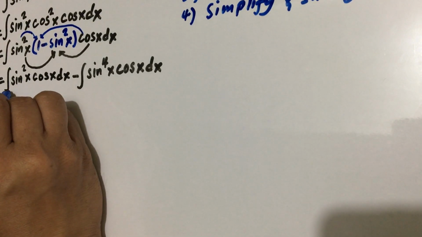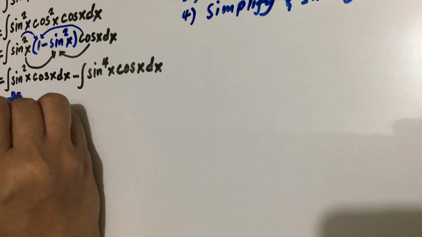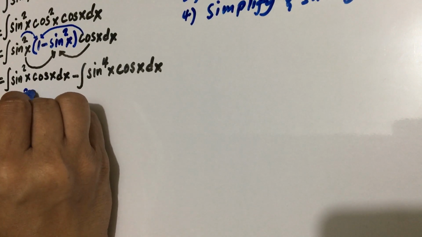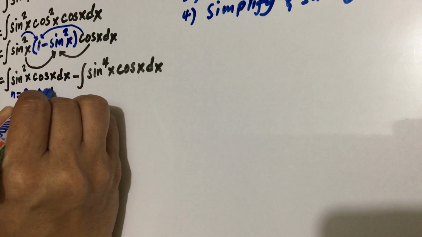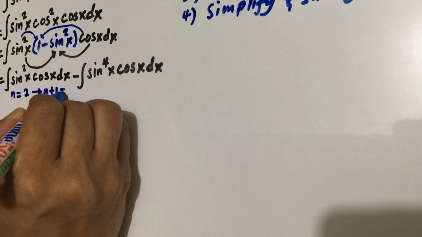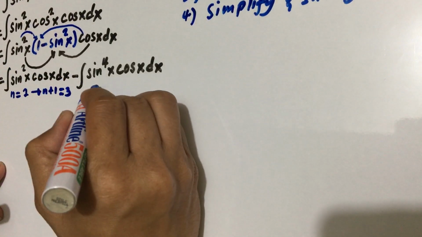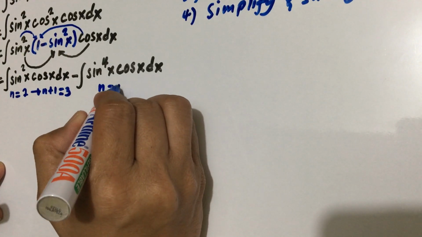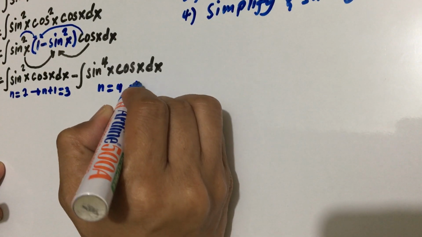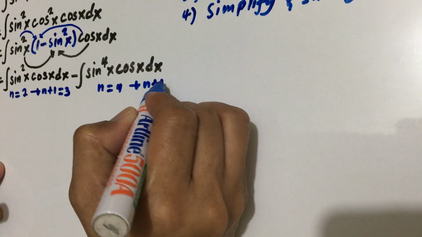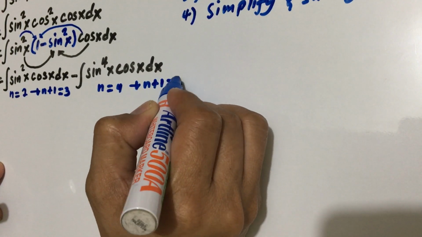So let n be equal to 2. So our n plus 1 here is equal to 3. Then here we have n equal to 4. So our n plus 1 is equal to 5.